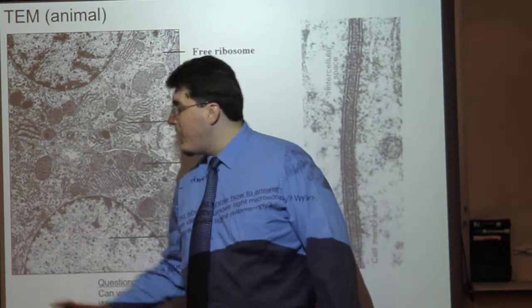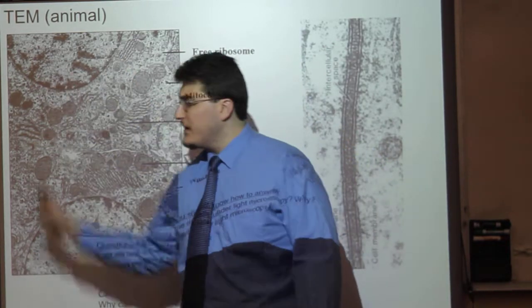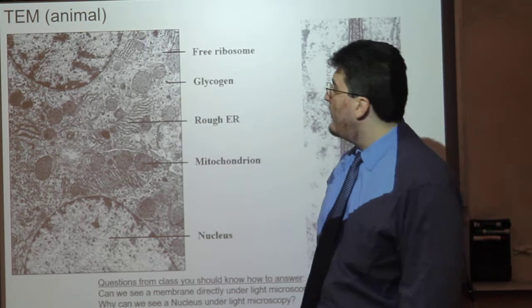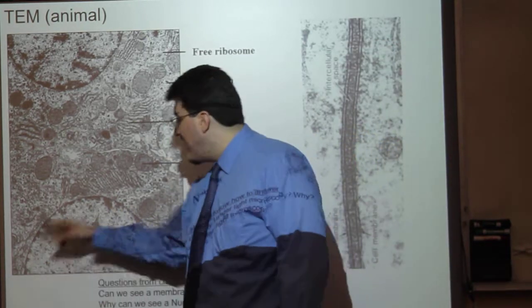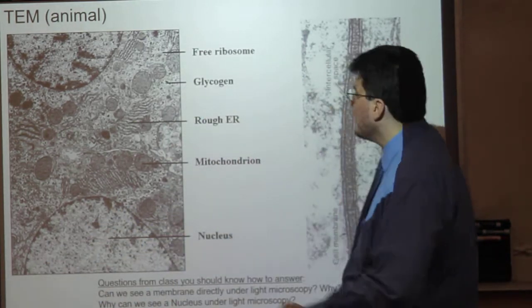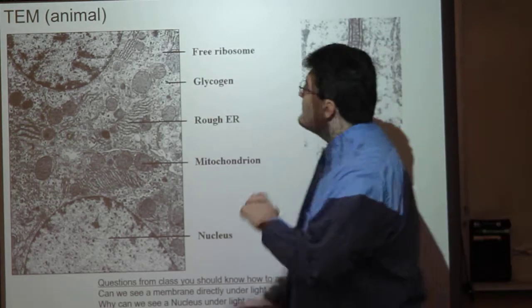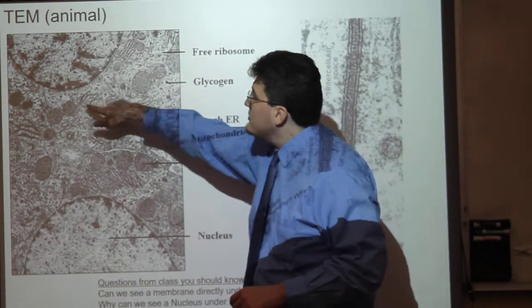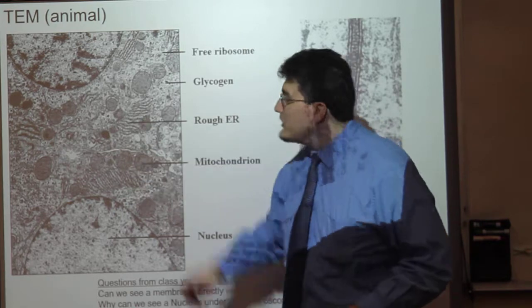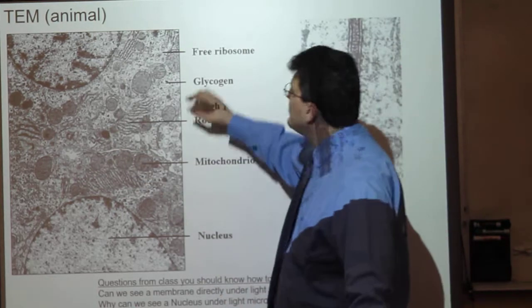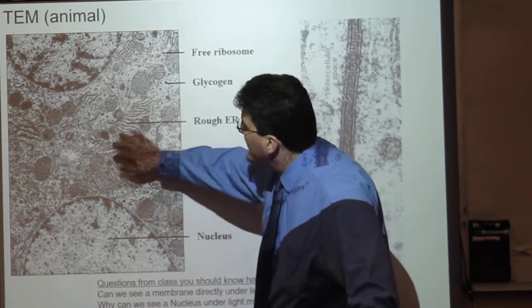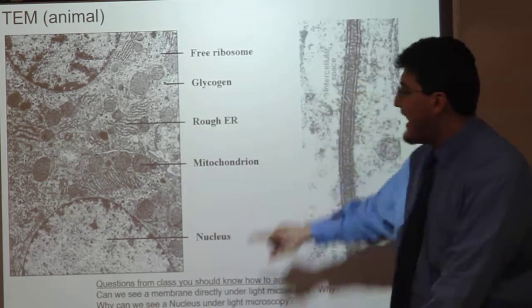It's roughly round, relatively circular in shape, but I only see half of it right now. I can see heterochromatin and euchromatin. We'll discuss that more later. And I can see here mitochondria, mitochondria, mitochondria, mitochondria.